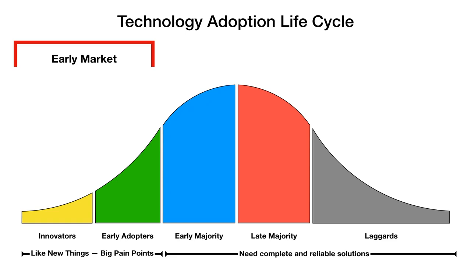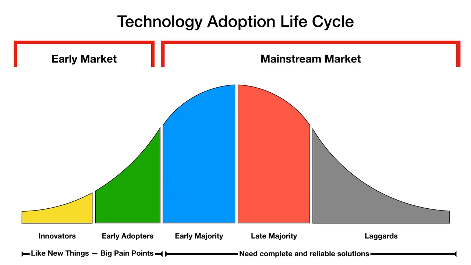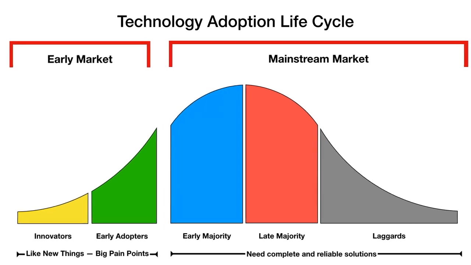So this is the mainstream market. So they do not want to have to tinker with the technology. They don't want to have to assemble it themselves. They want a complete solution that works right out of the box. So there's some big differences here between this early market and this mainstream market.